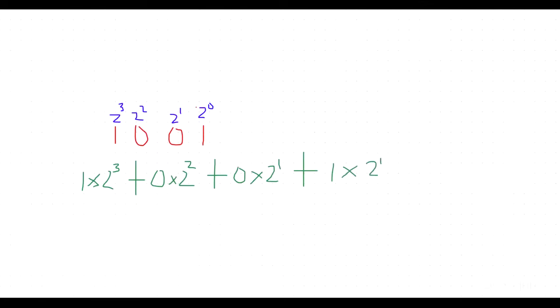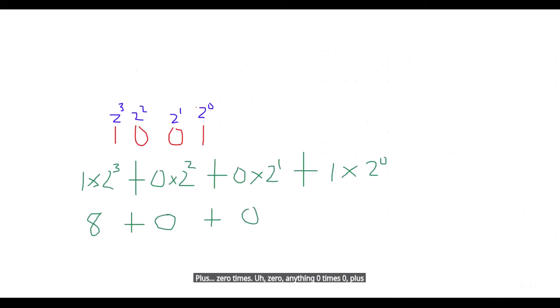So 1 times 2 raised to power 3, 2 raised to power 3 is 8. 8 times 1 is 8. Plus 0 times anything is 0, so we don't even need to bother. Plus 0 times 0, anything times 0 is 0. Plus 2 raised to power 0 is 1. 1 times 1, 1.